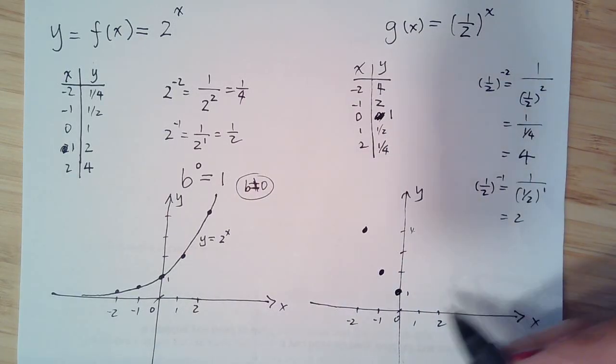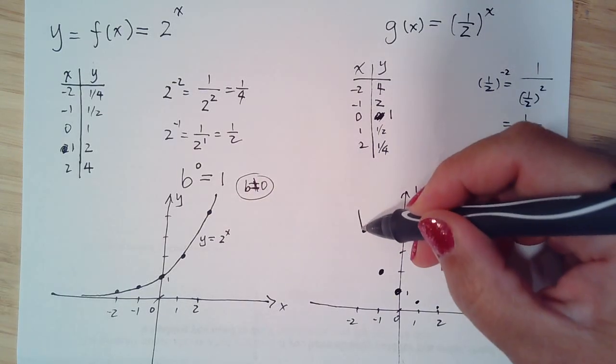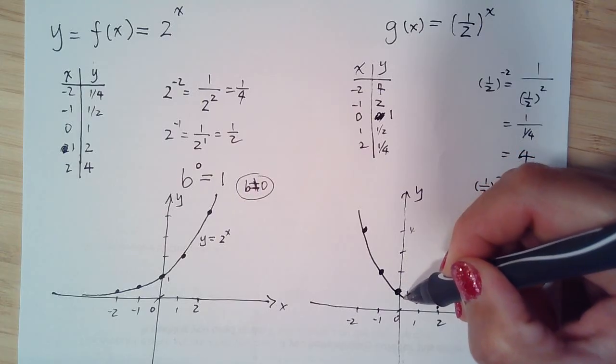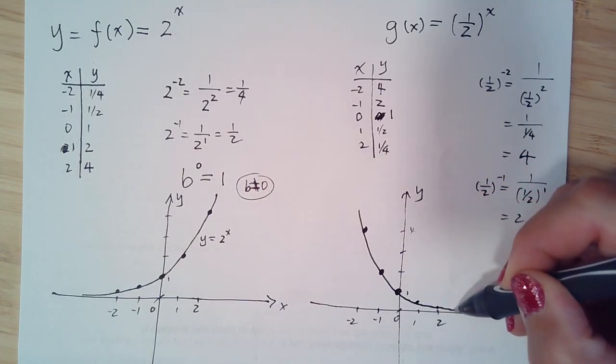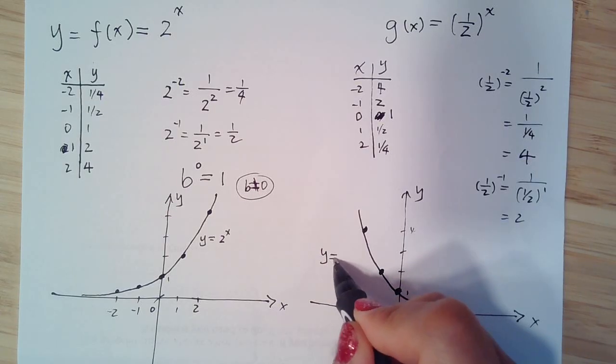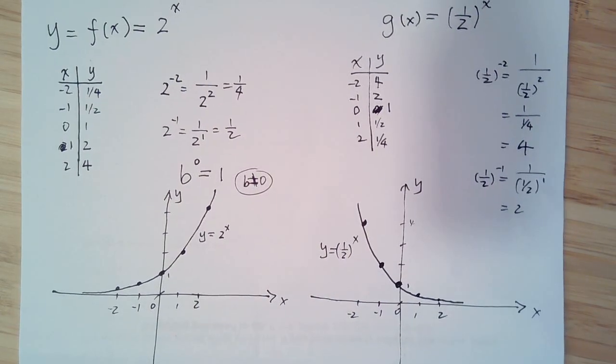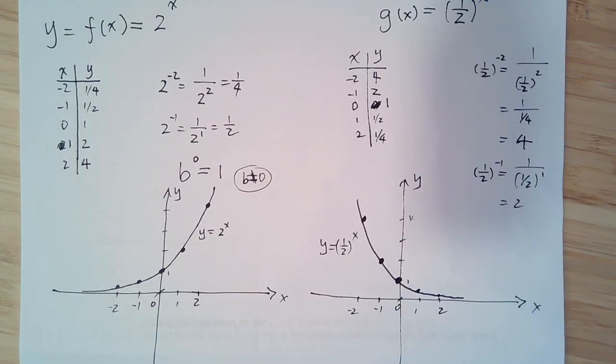And when x equals 1, that's 1/2, and when x is 2, it's a quarter. So I got the graph that looks like this. This is y equals 1/2 to the x power. Of course you can choose 3 to get a better graph.